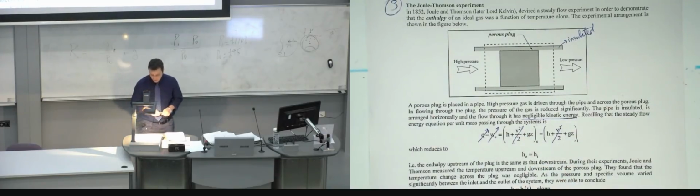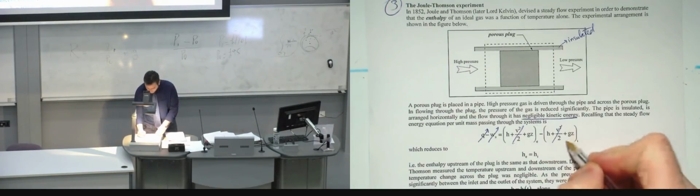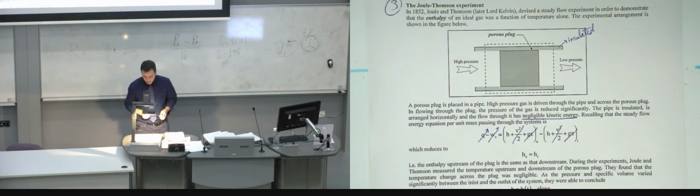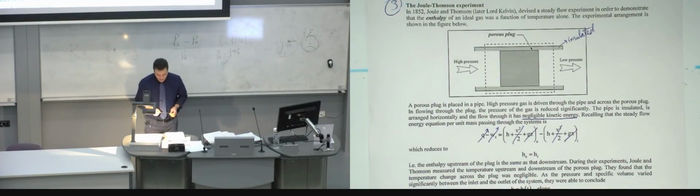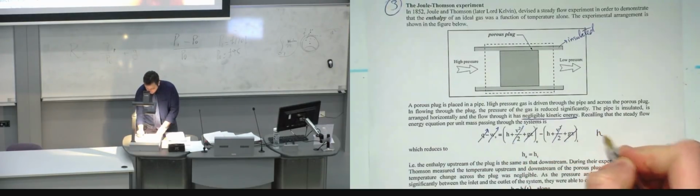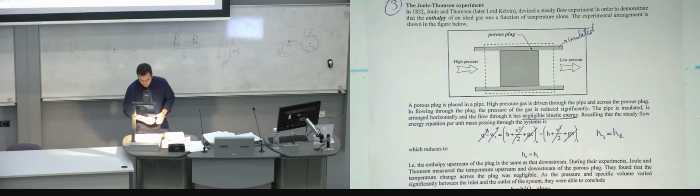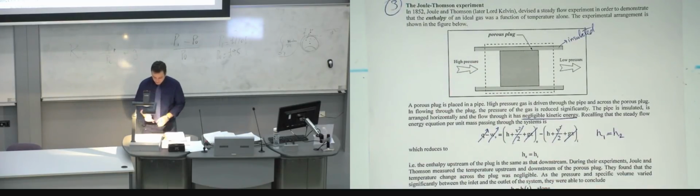And because this is a horizontal problem, you're not going to have any change in elevation. You're not on an inclined surface, for example. Therefore, your potential energy terms will disappear as well. And what you're left with is enthalpy. And therefore, you're going to have H1 equal to H2, or HE equal to HI, depending on how you define it.